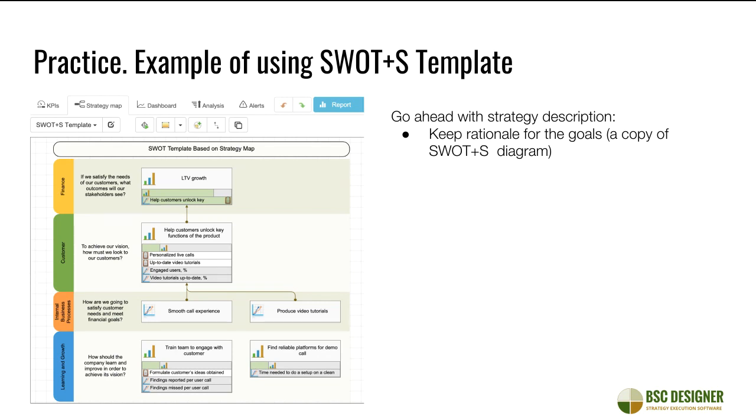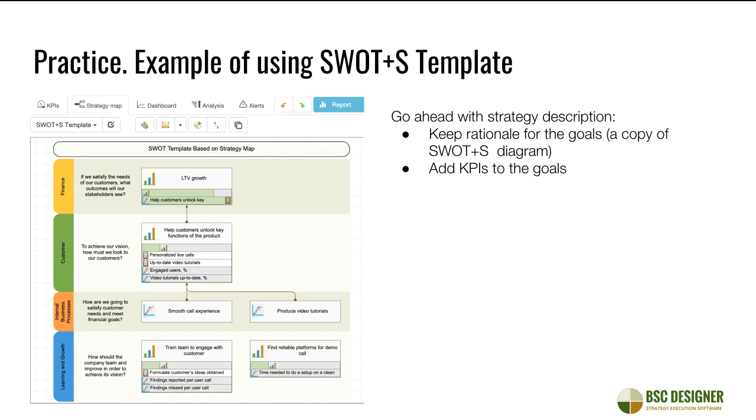What are the reasons why we have these very goals? And the SWOT analysis is a kind of answer to this question. So my recommendation is that you keep a copy of this SWOT diagram just in case you need to go back and understand why you have this. Again, if you're using software, you just keep a copy of your scorecard, of your strategy map, of your SWOT diagram.